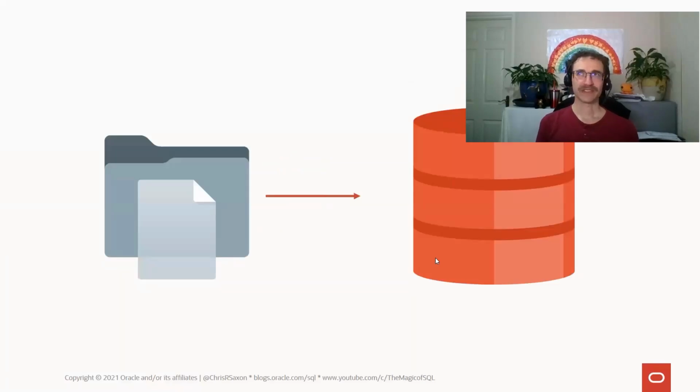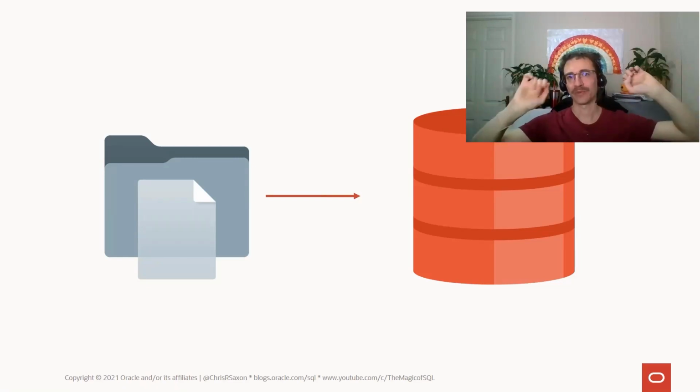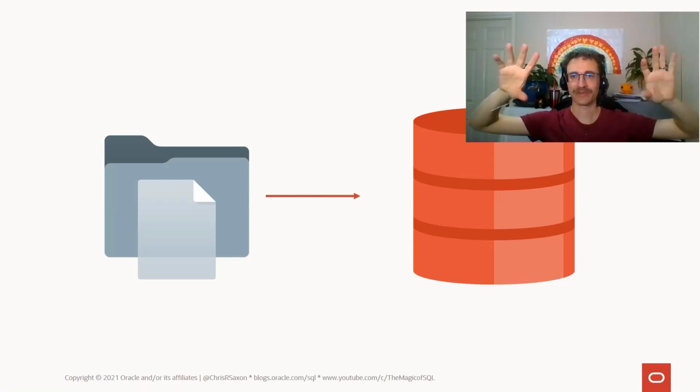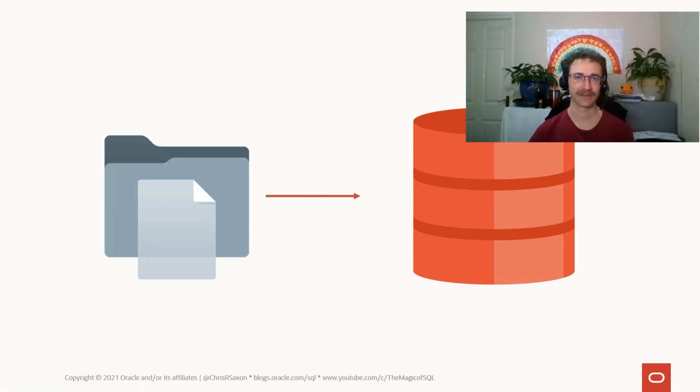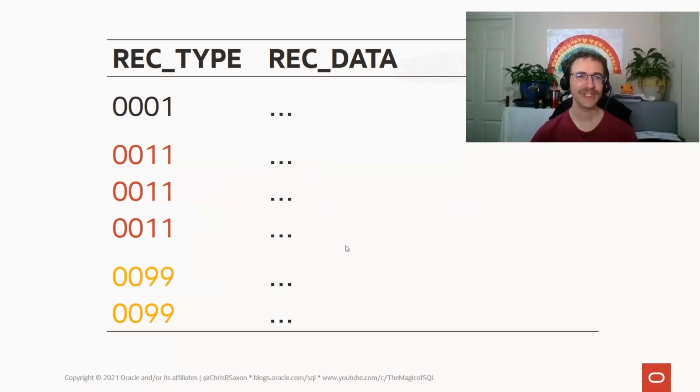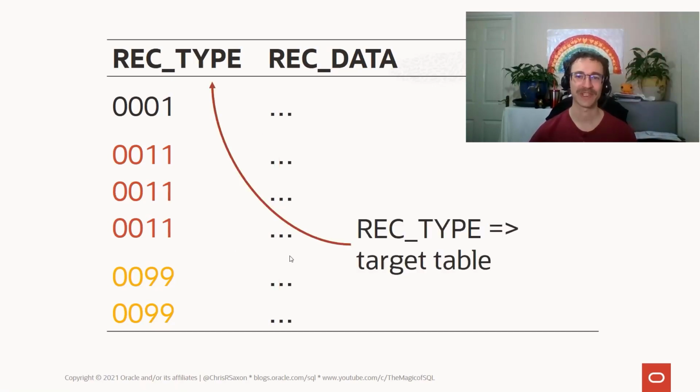All right, so let's look at one of the probably more interesting examples, and that's loading a file using an external table. We've got a CSV file, and an external table over it, so we can query it and load that into the database. It's reasonably common for these files to contain different record types. So we've got a record type indicator, and depending on what that value is, it determines which table we are going to load the data into.